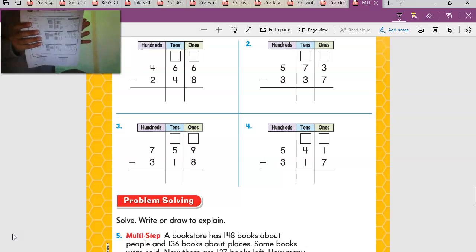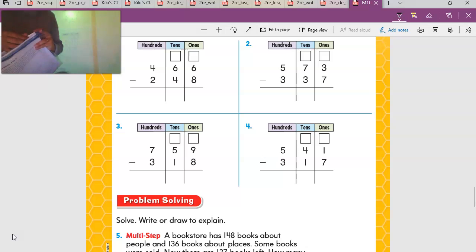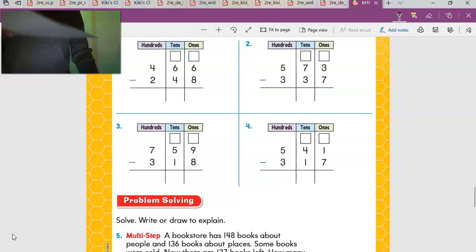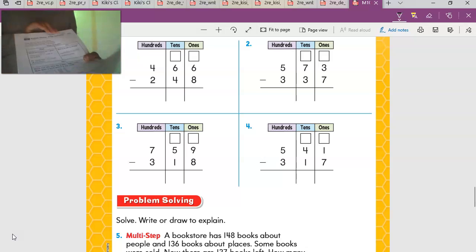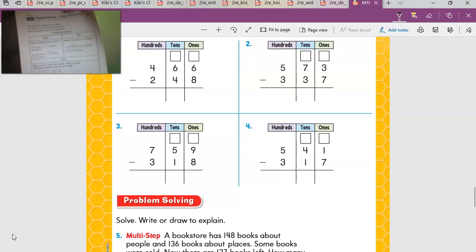You're going to do both pages. And then you're also going to do the other one that was in here. You're also going to do problem solving 3-digit subtraction. Okay? And you're going to do the second page for that as well.